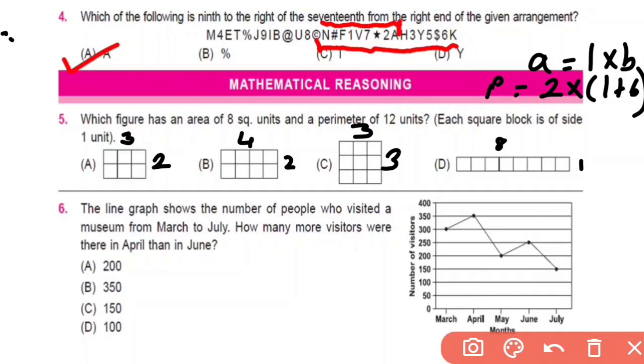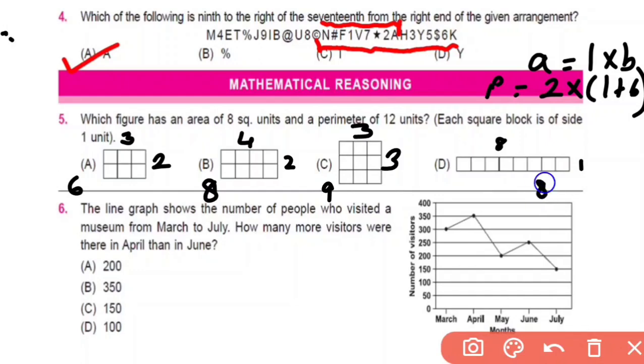Area of figure A is 3 into 2, 6. Area of figure B is 4 into 2, 8. Area of the third figure is 3 into 3, 9. And area of the fourth figure is 8 into 1, 8.